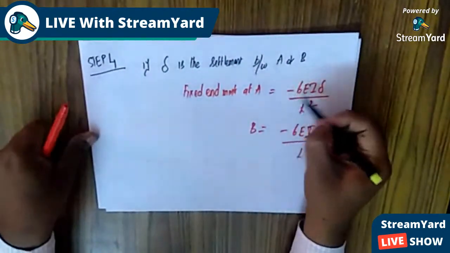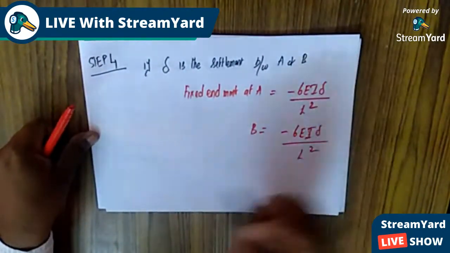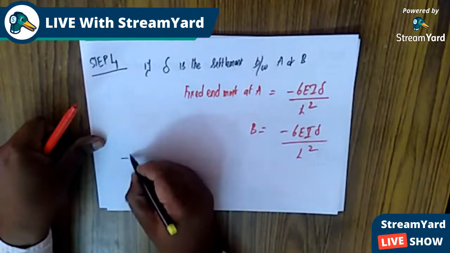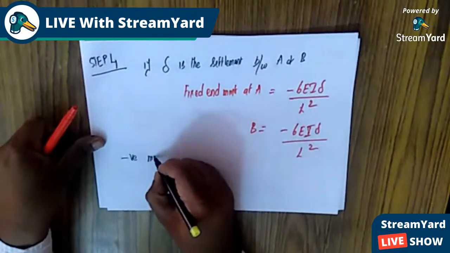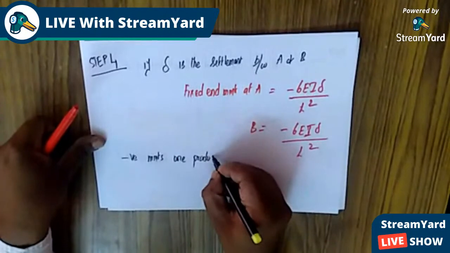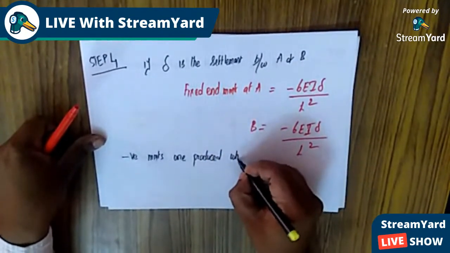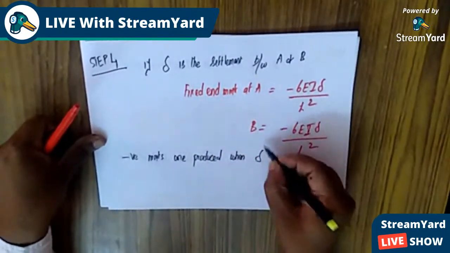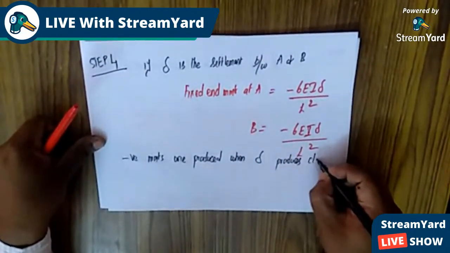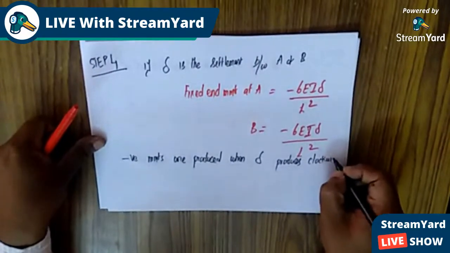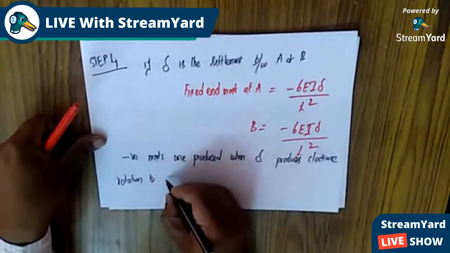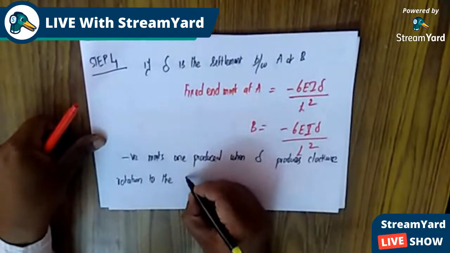So again, you will wonder how this negative sign came. The negative moments are generally produced when this settlement delta produces clockwise rotation to the member.